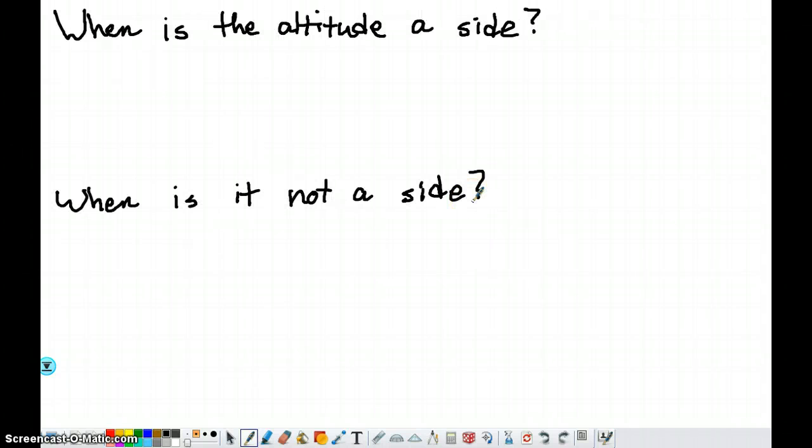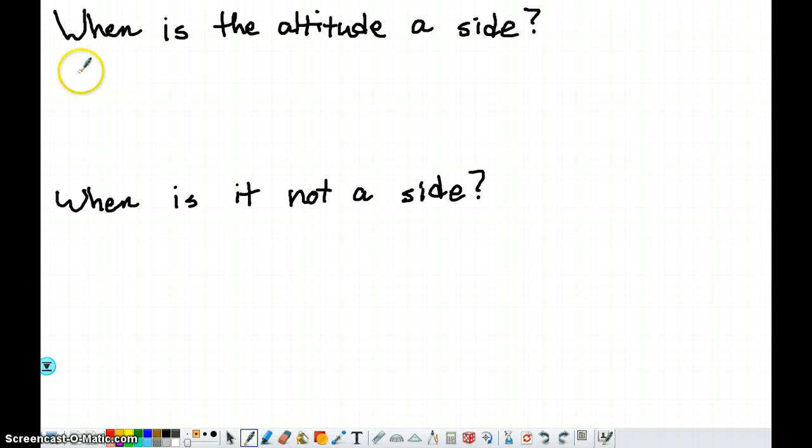So we've seen a couple different triangles now, and sometimes the altitude or height is a side, and sometimes it's not. When is the altitude a side? Great answer. Can you say that a little louder so everybody can hear me back? When I say right triangle?